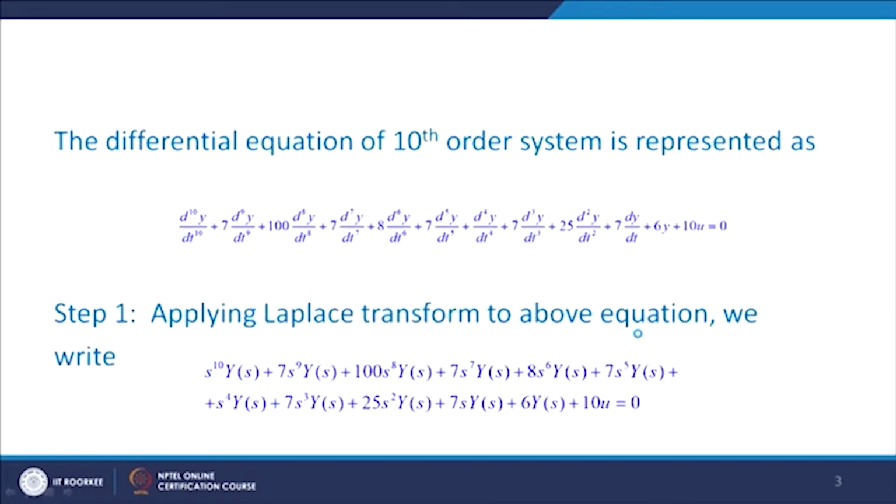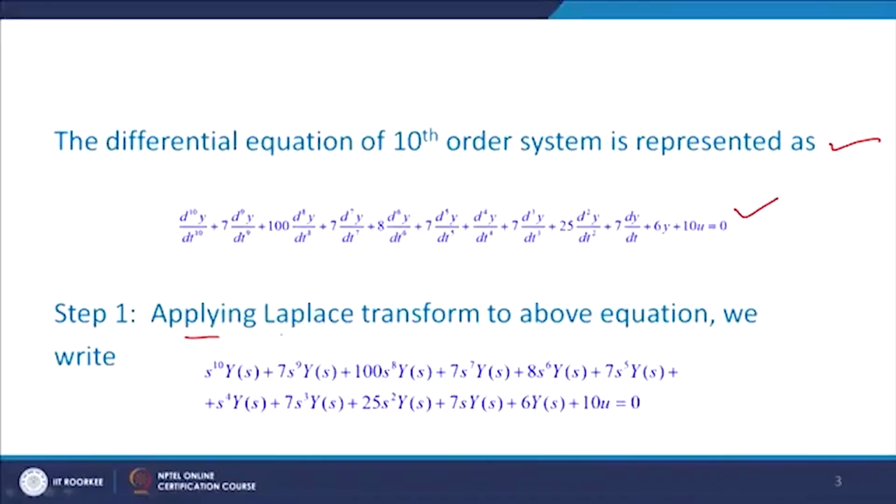The differential equation of the 10th order system is represented as shown. We have seen last time that whenever any differential equation is given, we have to apply the Laplace transform. So applying the Laplace transform to the above equation we get this.